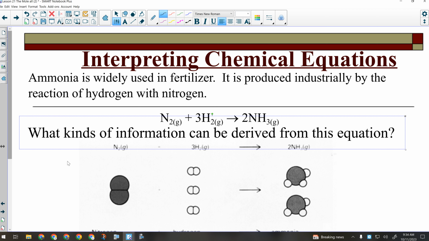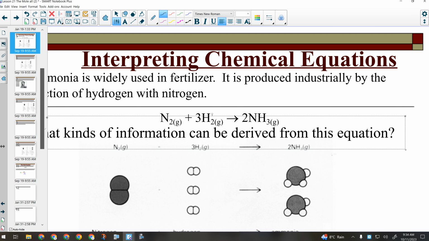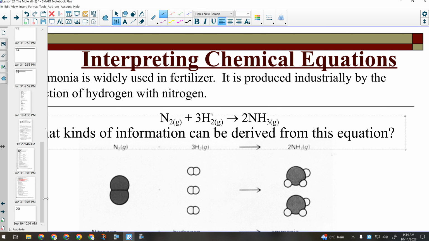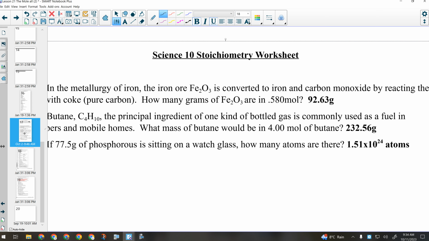If we go back to that water reaction for a second, if I start out with 2 moles of water, then I get 2 moles of hydrogen, but I only get 1 mole of oxygen, according to the way I've balanced it.